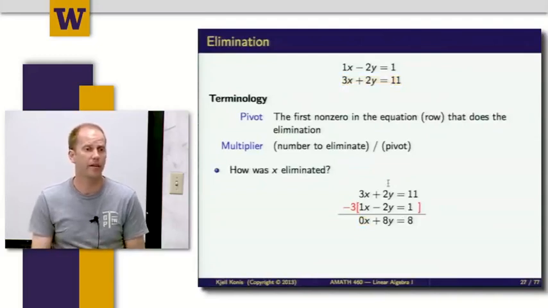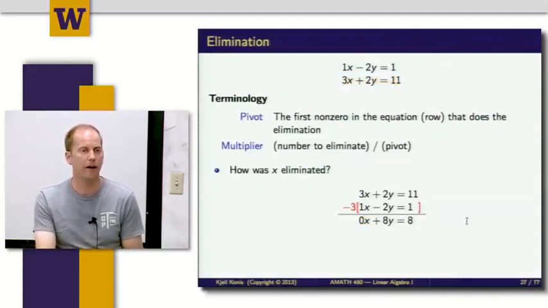And then to keep the equality, I have to do the same operation for the rest of the coefficients. So here I'm going to have negative 3 times negative 2, so I'm going to have 2 plus 6. So I have 2y plus 6y gives me 8y. And then I also have to do the same thing to the right-hand side.